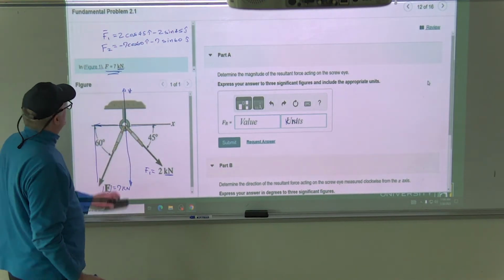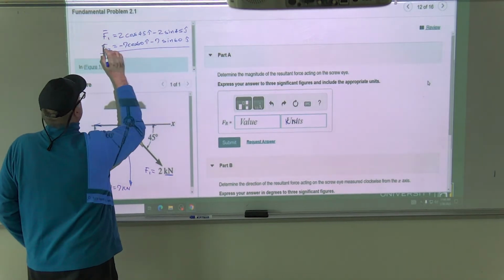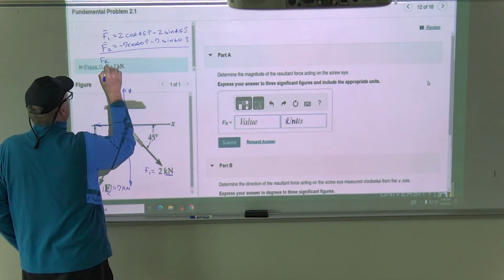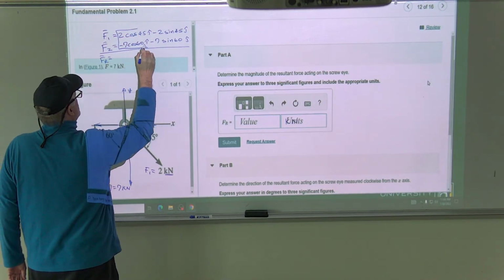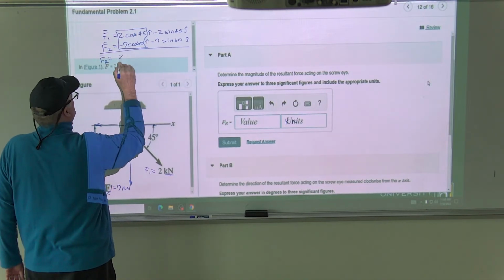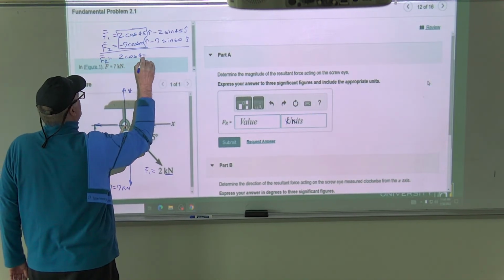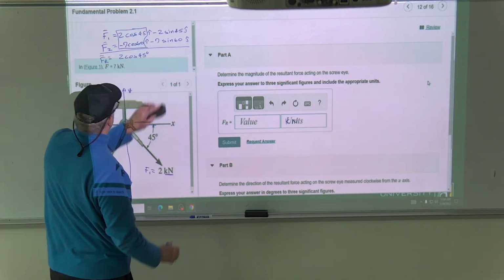And so now if I just scratch that out and say I'm going to add the two of them, then I'm going to say the resultant is going to be this together times i, so it would be 2 cosine of 45 degrees minus, and I was going to write plus, but that's not right.